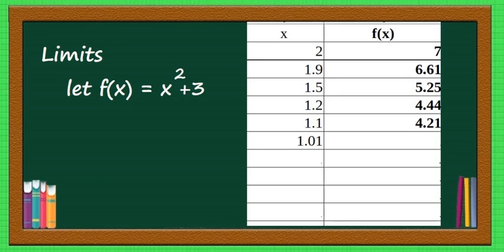When x is 1.01, f of x is 4.0201. When x equal to 1.001, f of x is 4.002001.